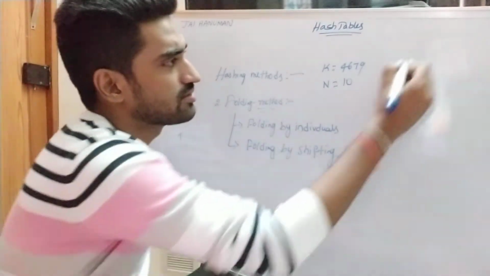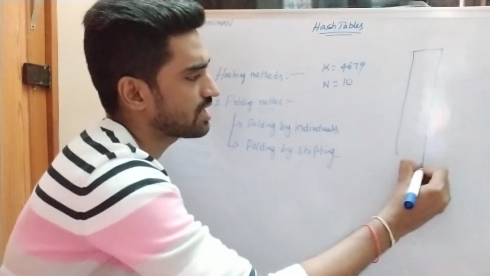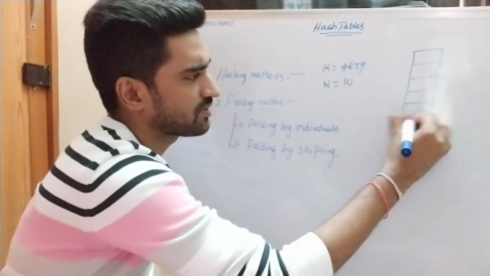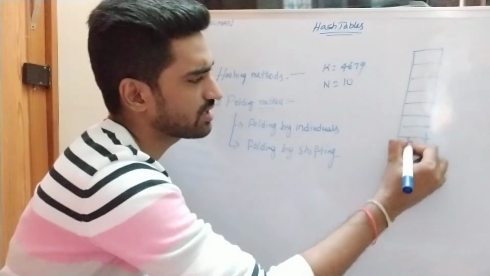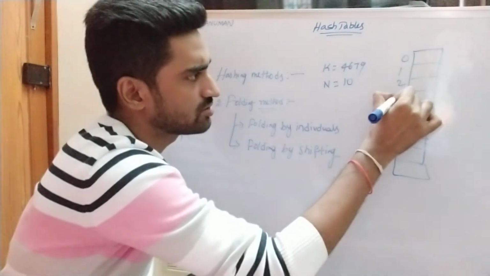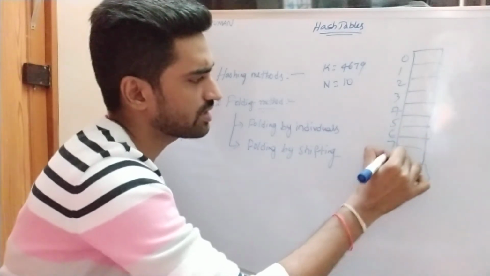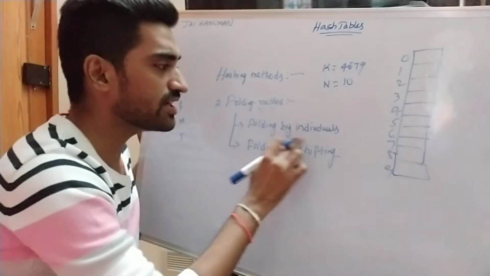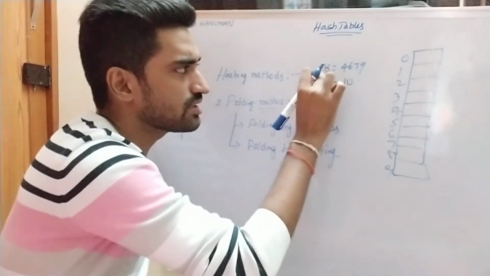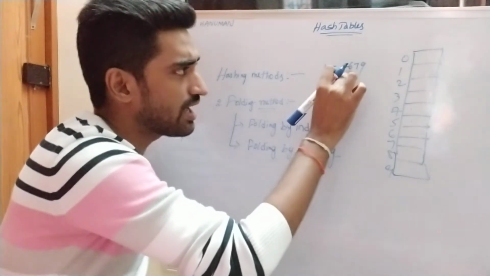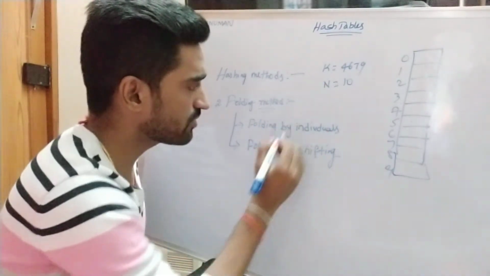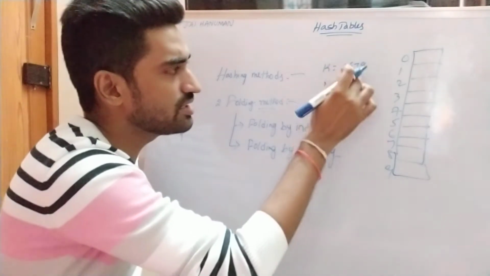This is the hash table, 1 to 10, with indices 0 to 9. In folding by individuals we fold all the elements in the key value individually and then apply the division method.